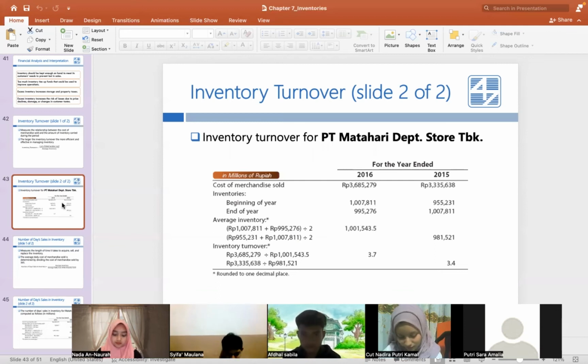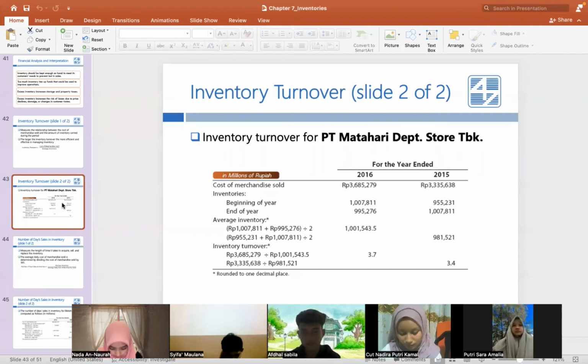In this we can see PT Matahari Department Store in 2016 and 2015. The beginning of year plus end of year divided by two, we get average inventory.